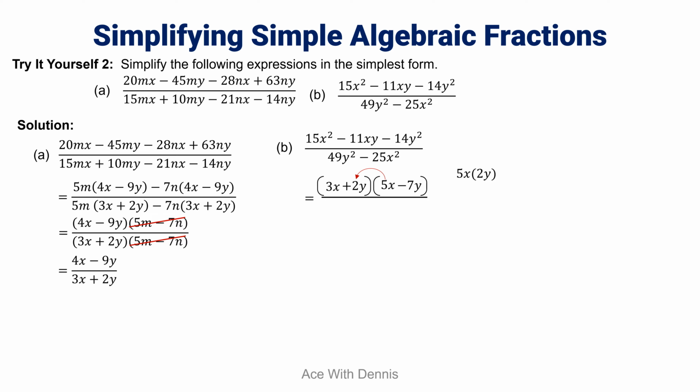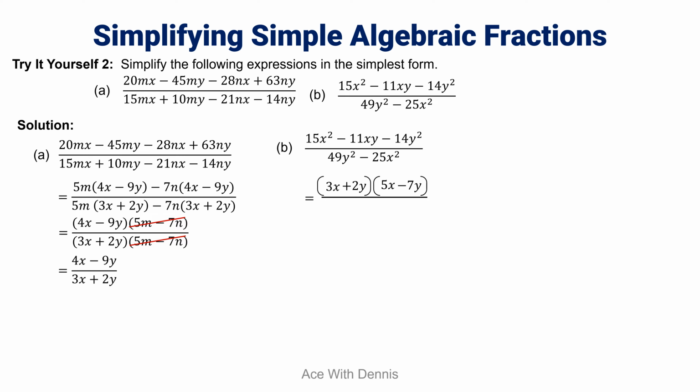And when we expand these brackets, 5x times 2y plus 3x times negative 7y, which is 10xy minus 21xy, and the value is negative 11xy, which is the same as the middle term. Hence, this factorization is correct.